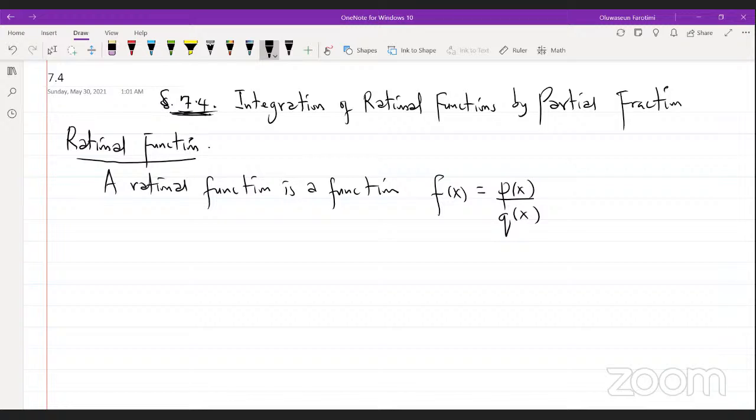So that means a rational function is a function such that you can write it as a quotient of two other polynomials, where P of x and Q of x are polynomials.